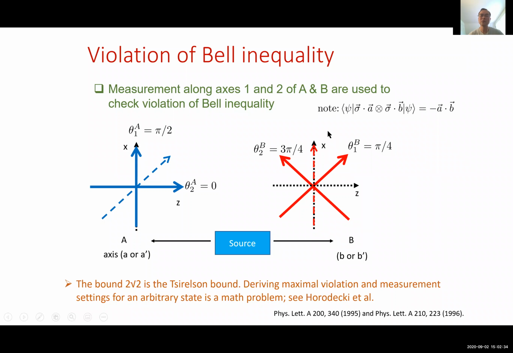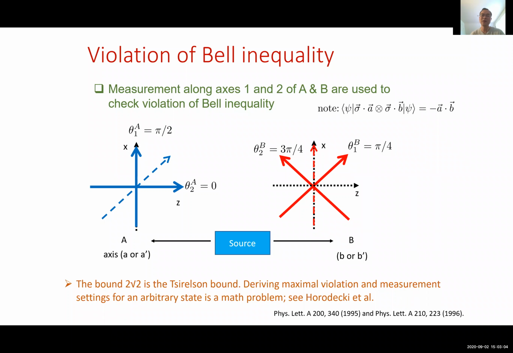So this 2 square root 2 is the maximum you can get from quantum mechanics, and it's greater than 2. That means if I can perform an experiment and verify that I'm getting close to 2.8, then I can rule out the classical theory, and quantum mechanics would perhaps be the correct one.